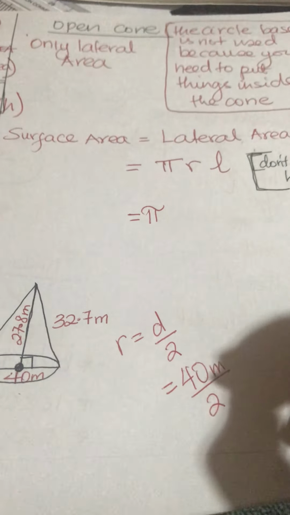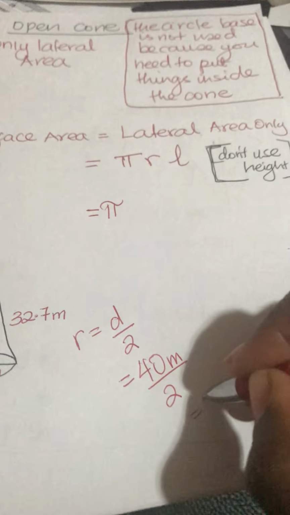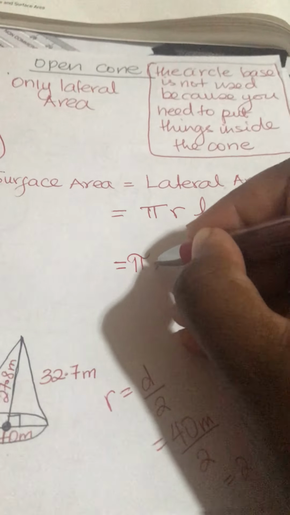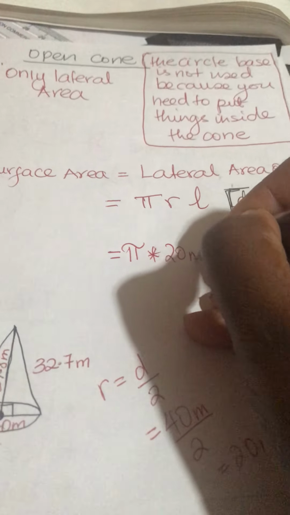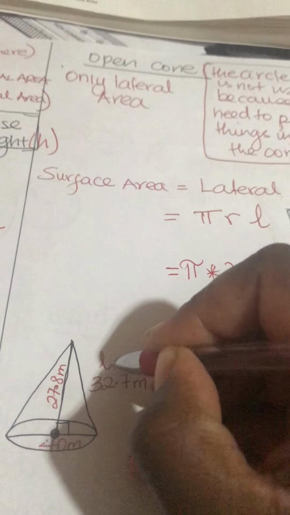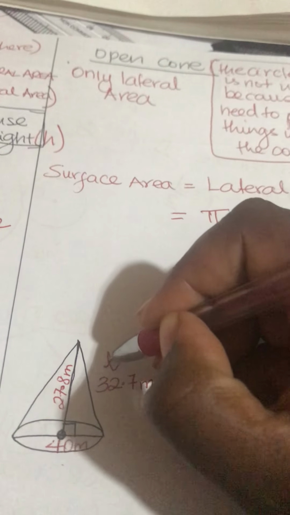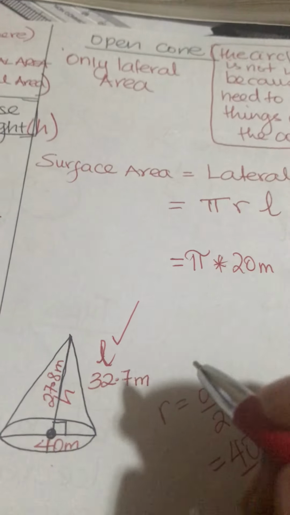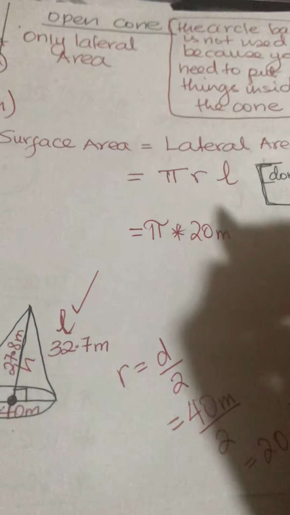I am dividing by 2. That gives me 20 meters. My slant height is this one, 32.7 meters. This is my height. I don't need it. I only need this number and this value.